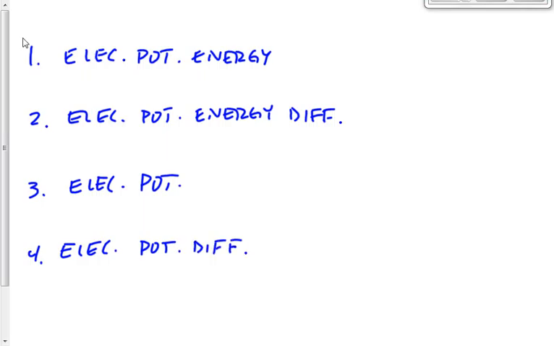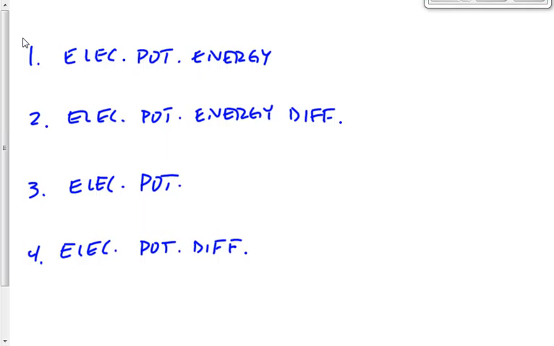The first one, the most fundamental of the 4, is electric potential energy. Does anybody remember that definition that we used for electric potential energy 2 days ago, Wednesday, when we introduced this stuff? Pete? It's not the same thing as gravitational potential energy, but it's real analogous to it. If we think about the definition for gravitational potential energy, then the one for electric potential energy becomes pretty easy.